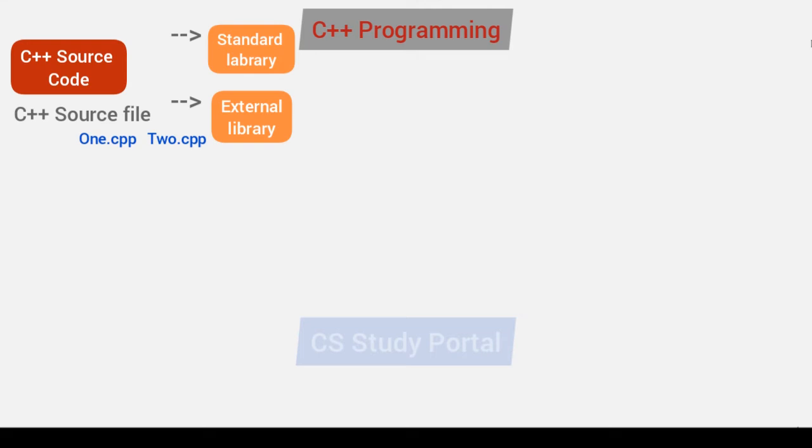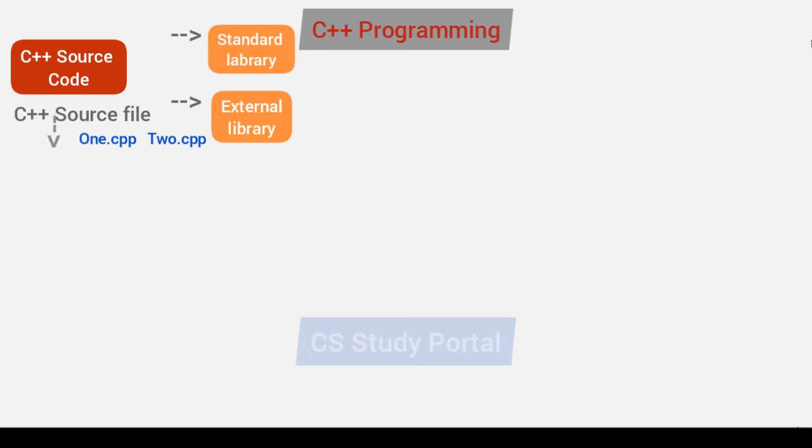The process of creating an executable file from the source code is called the build process. Now let's take a look at the build process. The first step in the build process in order to create an executable file is preprocessing.